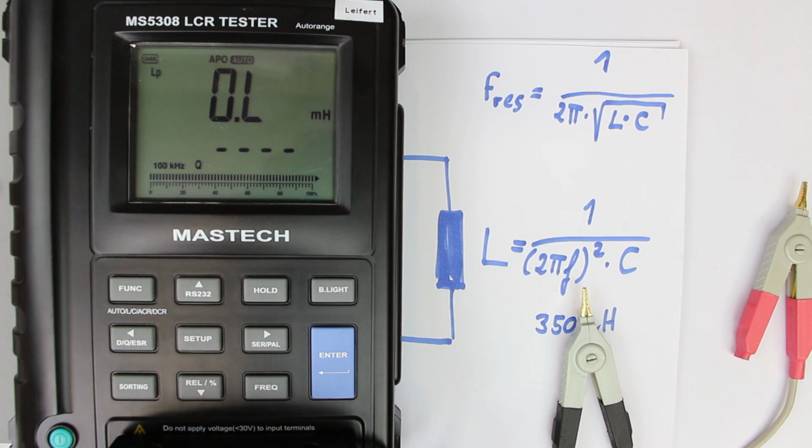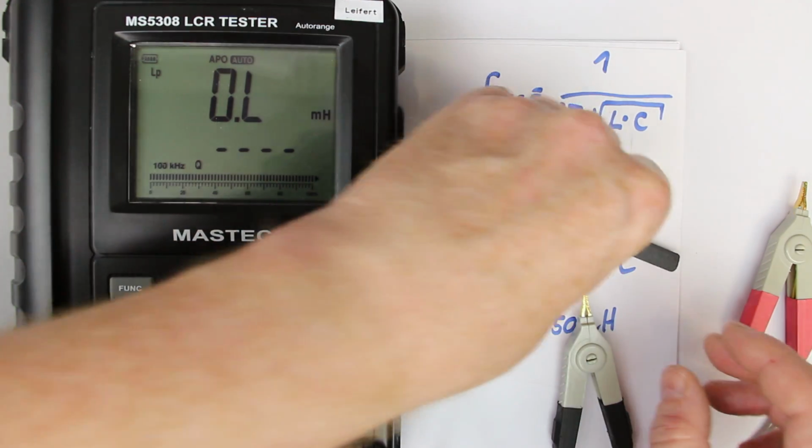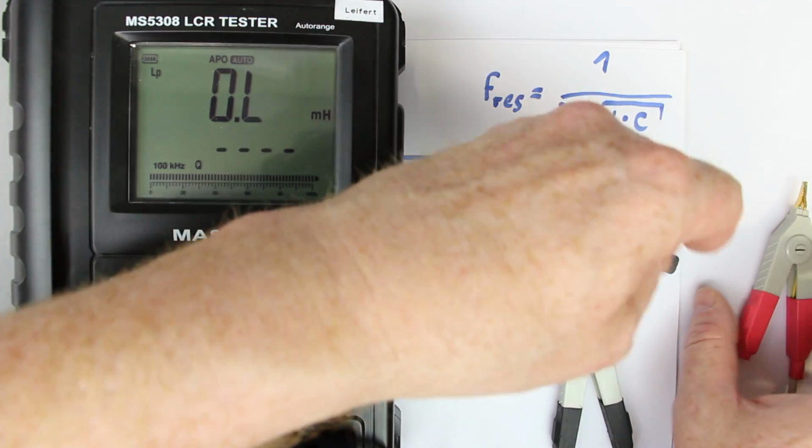Now let's check with our LCR meter if the antenna coils that we already saw in the beginning do have the right inductivity for AM reception with our demo variable rotary capacitor.